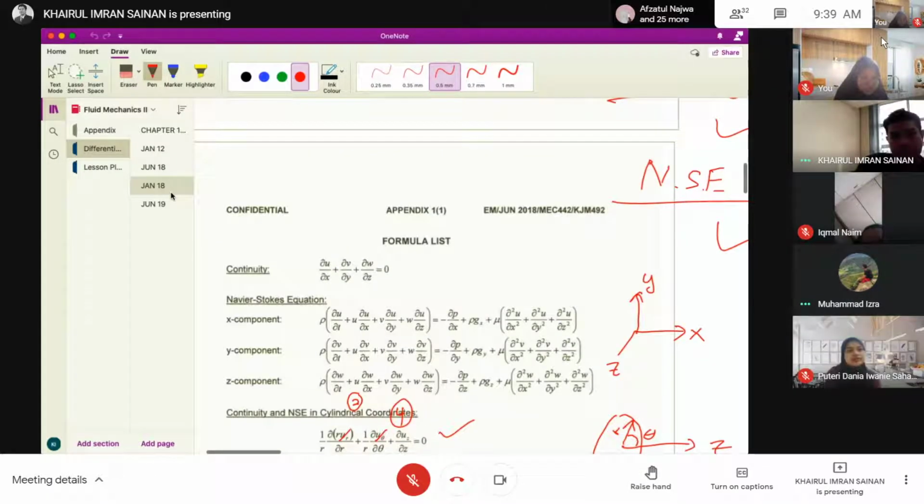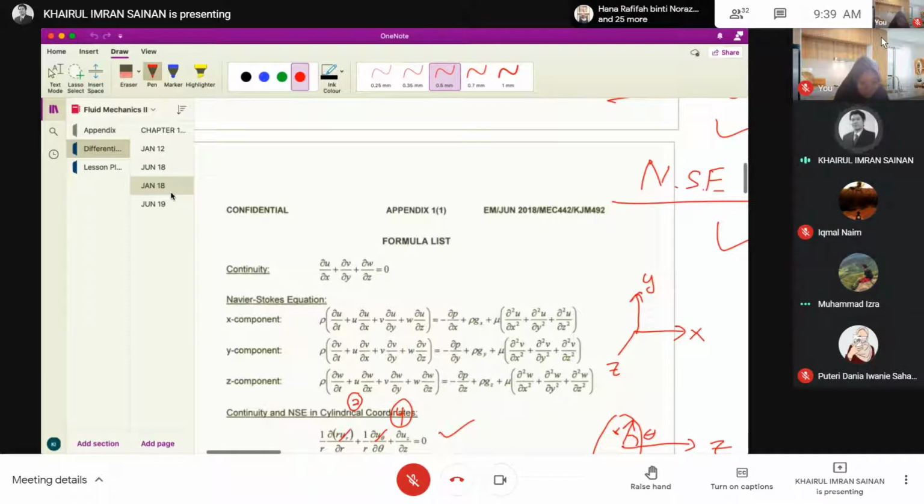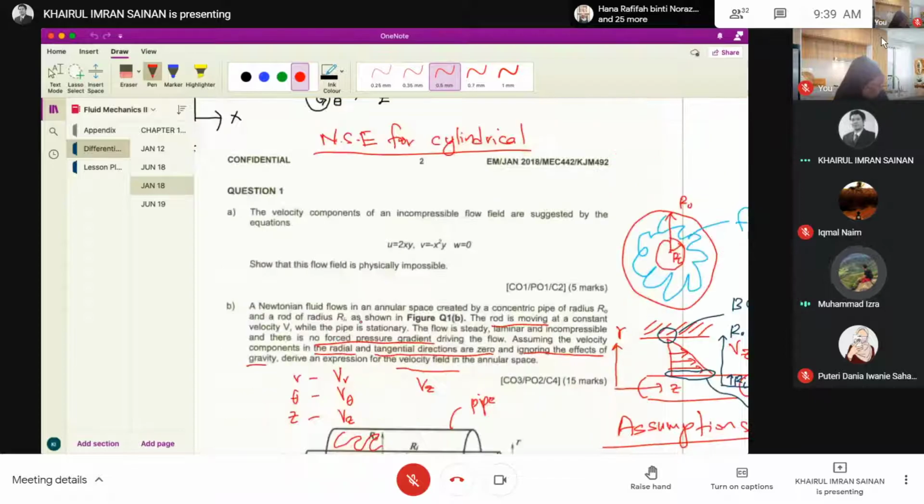No. Take a look in detail. Yes. No force pressure gradient. So we can cancel, right? Yes. Alright. Thank you, Muhammad Izra.